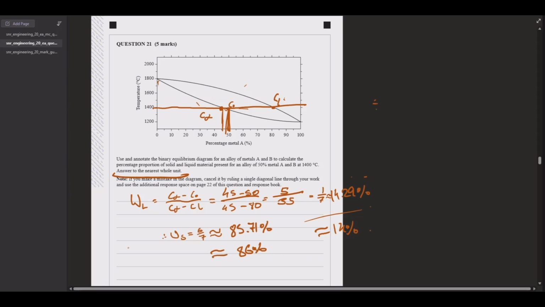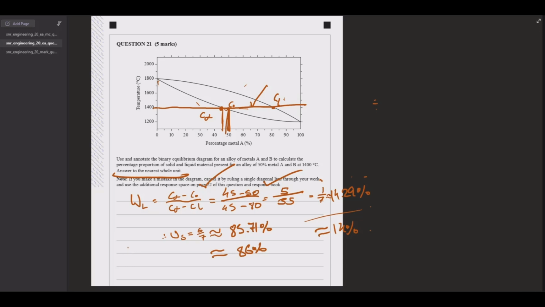I can't really see where the marks are going in this question, so I'm just going to take a little look at the marking scheme, and you get a mark for the diagram annotations. Then we get correct use of inverse lever rule. Then we get correct working, so this here. And then it says provide correct use of the inverse lever rule to calculate liquid again, but that shouldn't be there.